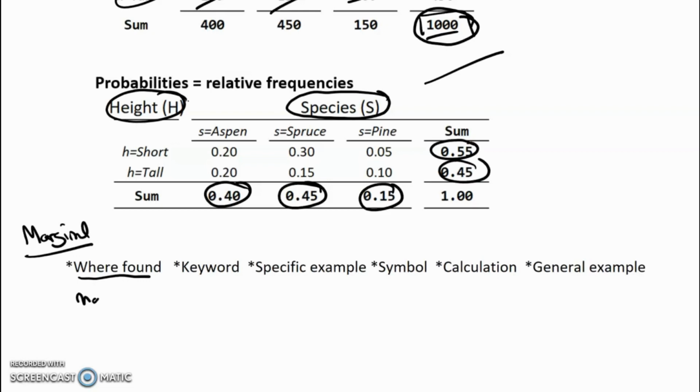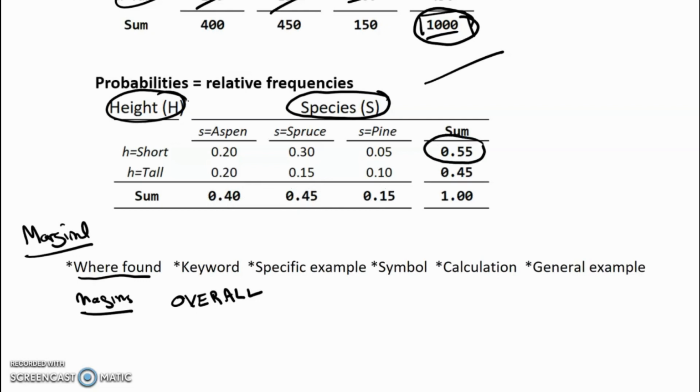The key word is overall. This value of 0.55 is the overall probability that a tree randomly selected from the population would be short. This value of 0.45 is the probability that a randomly selected tree from the population would be spruce.